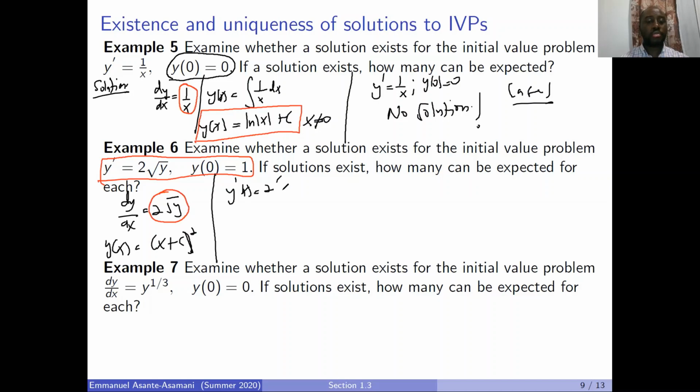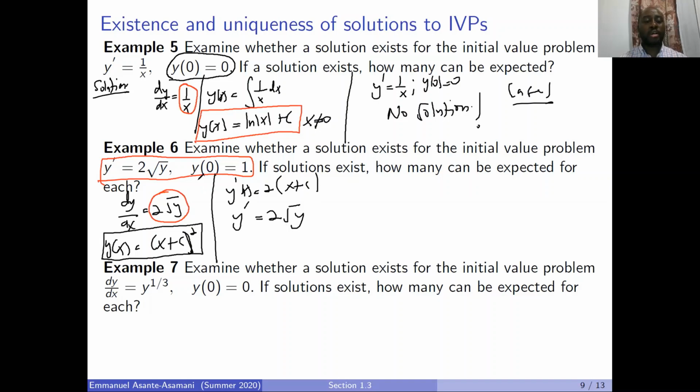So this is 2(x plus c), right? But then x plus c is the square root of y, so this is 2 the square root of y. So clearly this function satisfies my differential equation, and since it satisfies it regardless of the value of c, it makes it a general solution. All right, so this works.